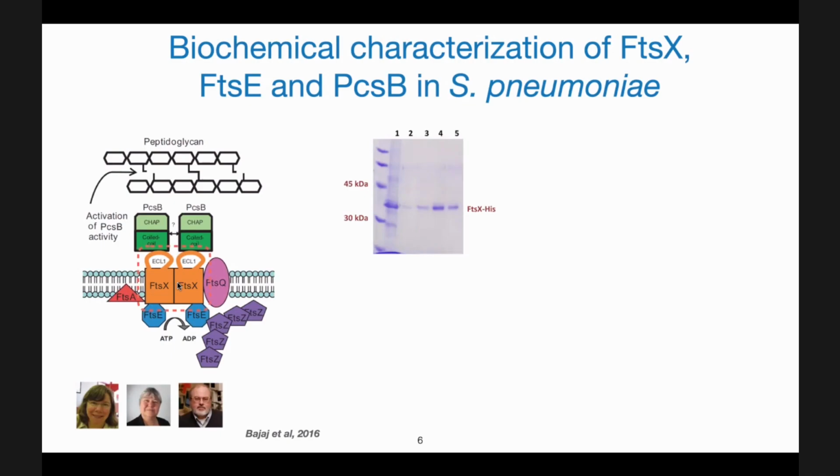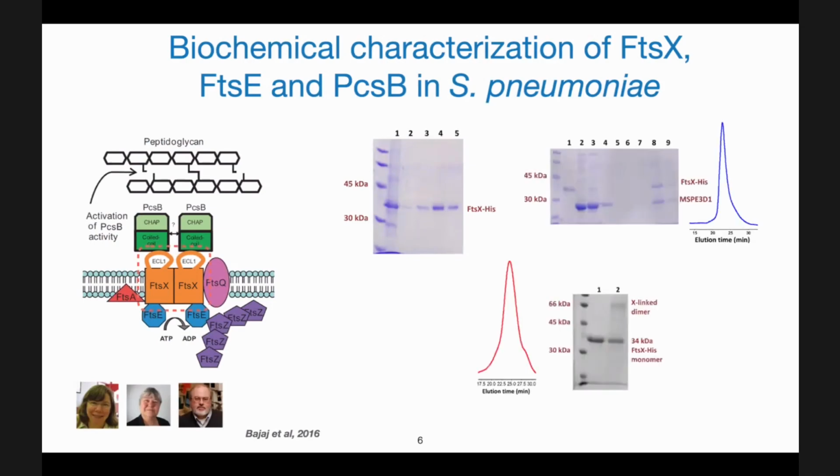I expressed it and purified it as a single band on the gel. After purifying it, I reconstituted it into nanodisc, and showed that it is a dimer by cross-linking experiments.